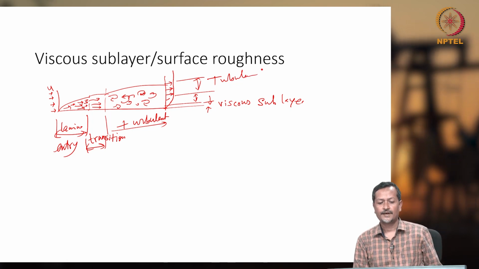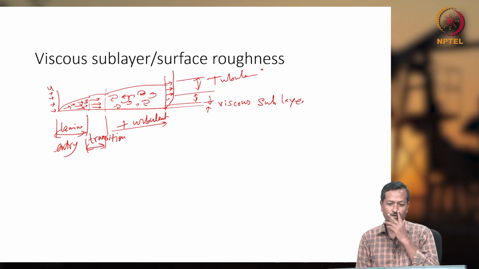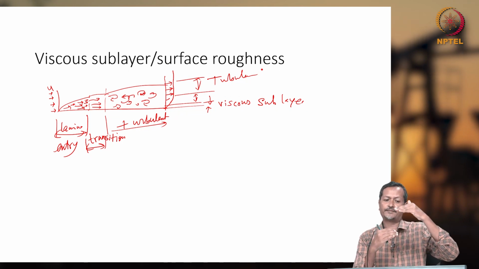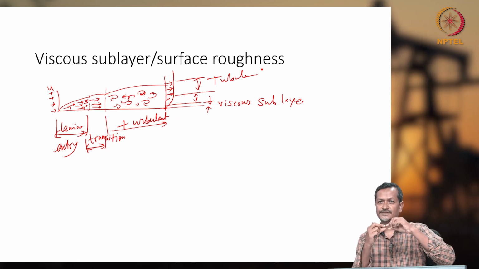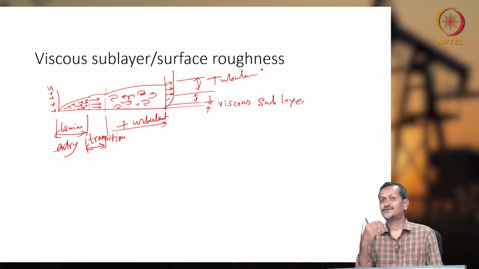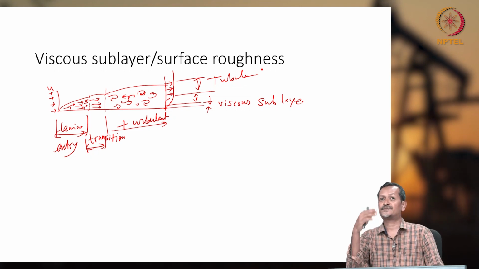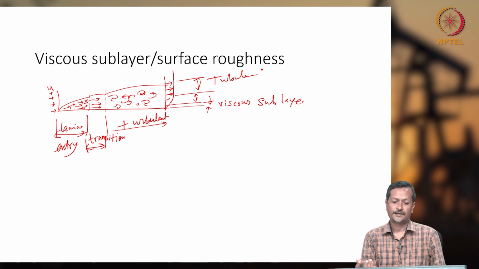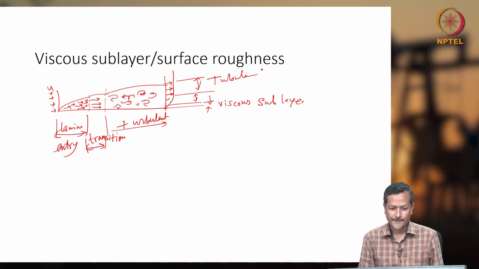Basically our friction will come because of the viscous sublayer. The turbulent layer is away from the wall, so that is not affecting so much, but the viscous sublayer is affecting. Because of turbulence, the viscous sublayer will be affected because it will increase or decrease in length because of this turbulence creation. Later we will discuss how it will be affected by the surface properties.